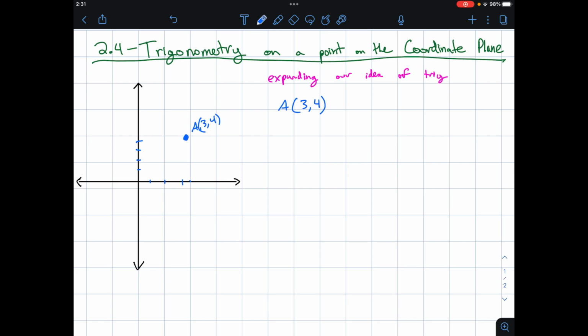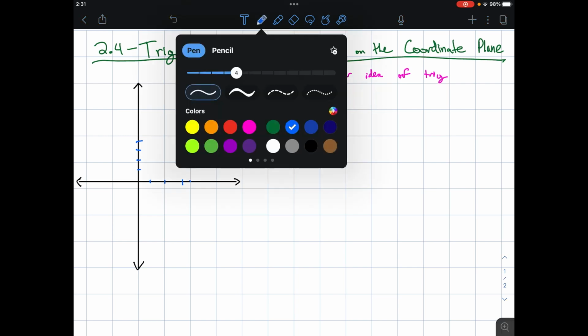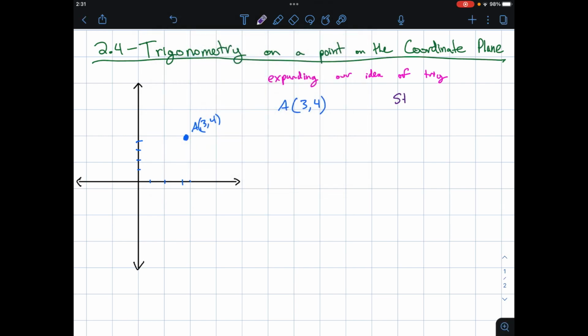If I want to do trigonometry on this point, you might notice that there's no triangle, and we've really been doing trigonometry with a right triangle. So I need to build a right triangle. To actually do this trig, let's think of a list of steps. Step 1 is to connect the point to the origin.